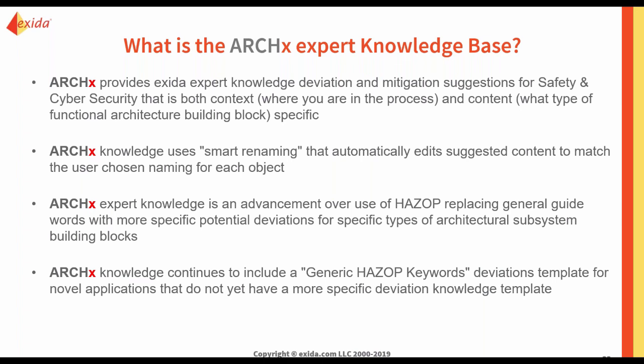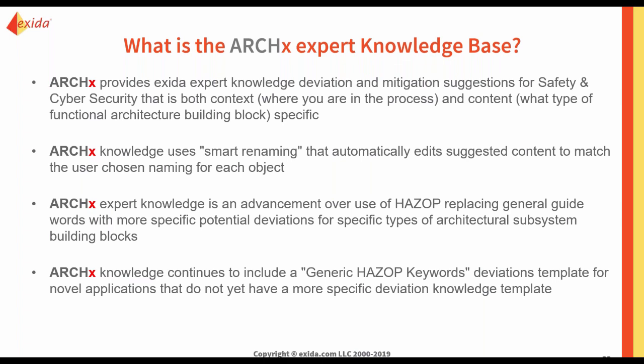The ARCHx knowledge uses smart renaming that automatically edits suggested content to maintain consistency of words and vocabulary. The expert knowledge base is really a pretty nice advancement over the conventional HAZOP guide words, because there are specific deviations depending on the exact type of subsystem building block that's being used.